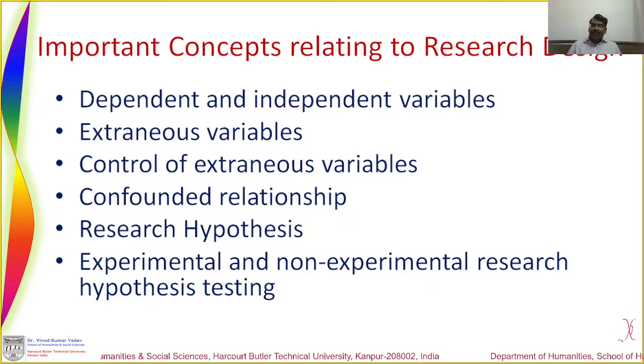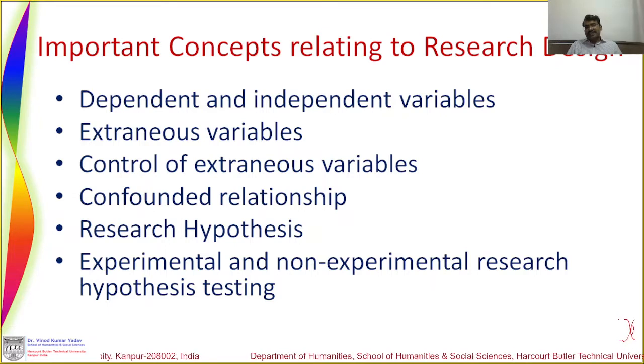Now, before moving to the exact design, there are some terminologies which are very important. We have already discussed them in class, but now we are trying to cover them up. Like you know, dependent variables and independent variables. Dependent variables are those variables which are dependent on some other data or information input.